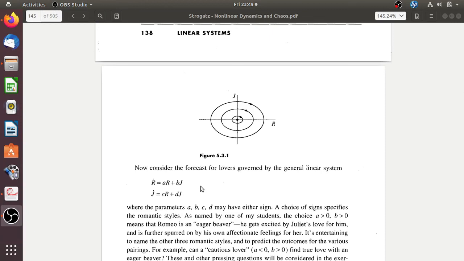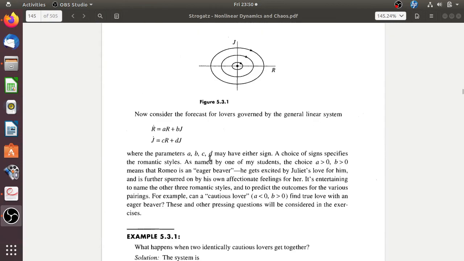For each parameter set it will give a different phase portrait, and for each phase portrait, what's the story?